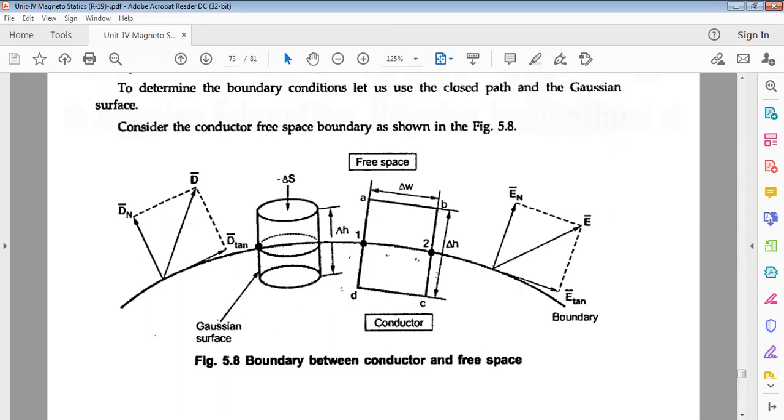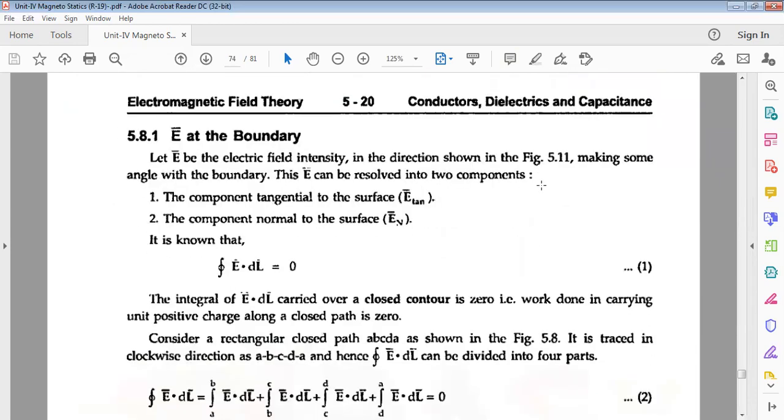Now I take the cylinder to find the normal components of electric field and electric flux. The height of that cylinder is delta h and the surface is delta s. There is a Gaussian surface where half the part is in the conductor and half the part is in the dielectric or free space.